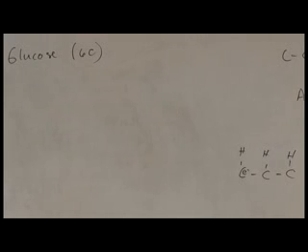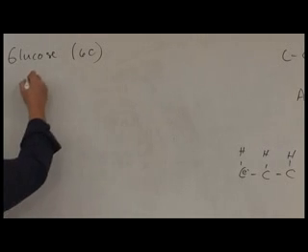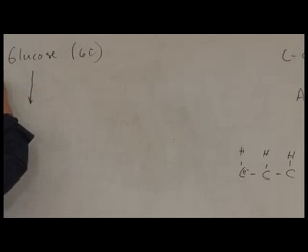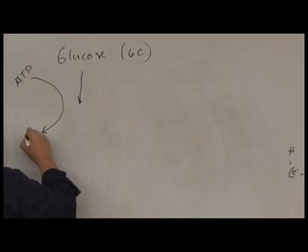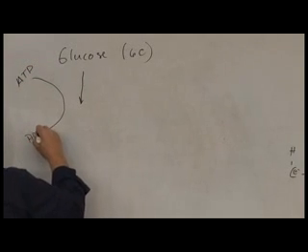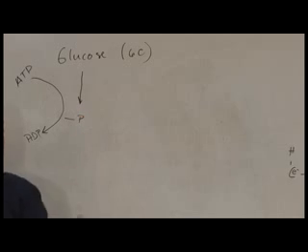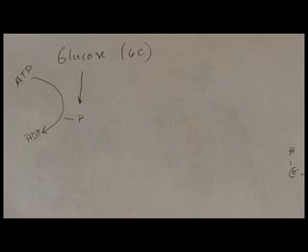So what we're going to do with the ATP is we're going to create intermediaries that we're going to take the ATP and we're going to convert it to ADP. Then what we're going to do is we're going to attach the phosphate to the sugar molecule. So our first intermediate is glucose 6-phosphate.